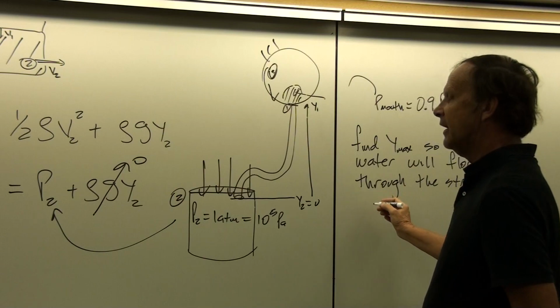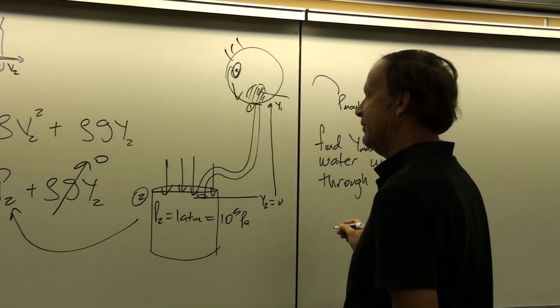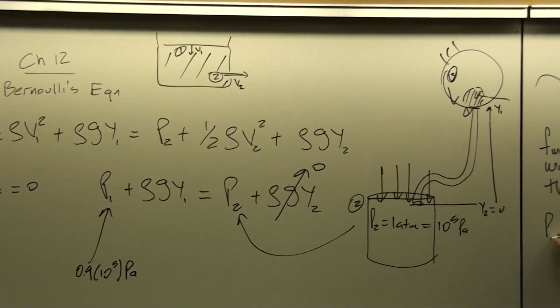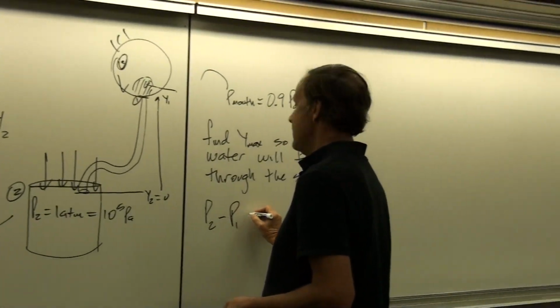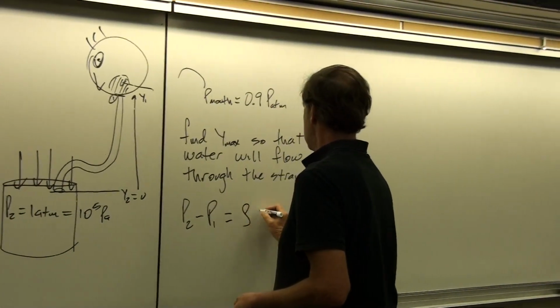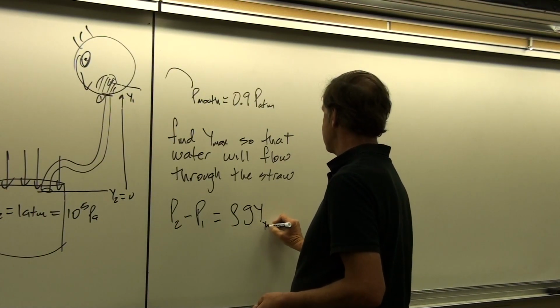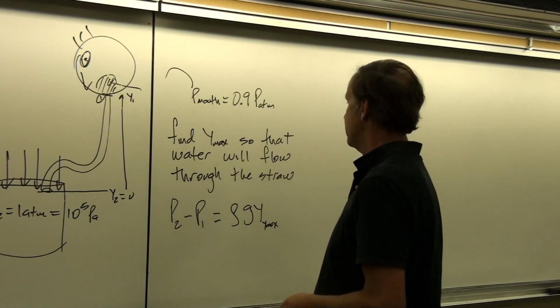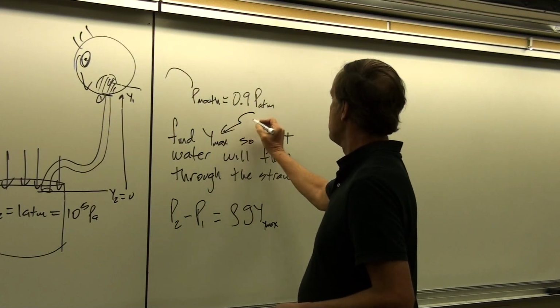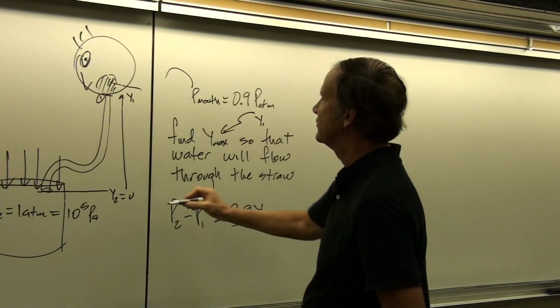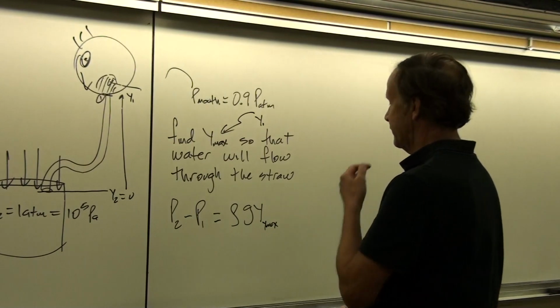Okay, so setting this up then, we can say that P2 minus P1 is equal to rho gy, and then Y1 is equal to Y max. That's our maximum height of this fluid column.